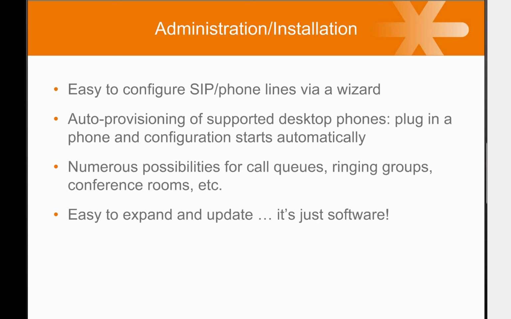And the most important thing, it is easy to expand and update because it's just software. Even if you have the hardware box, there is only, in quotation marks, our Kerio Operator software running on it, and it can easily be expanded or updated.